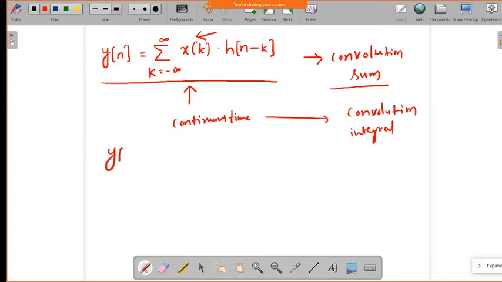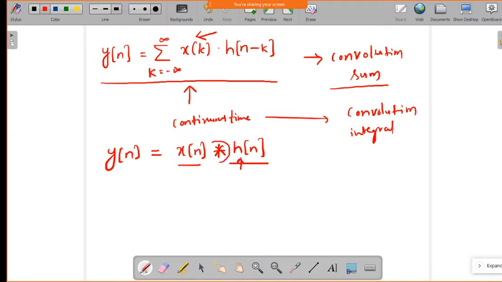Okay. So, now y of n, we can write in the form of x of n and h of n. x of n is the input, h of n is the corresponding system's impulse response. This star notation we call convolution, that is, the convolution of x of n with the impulse response of the system h of n.